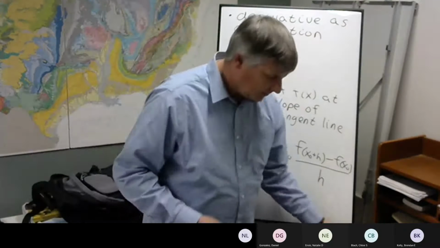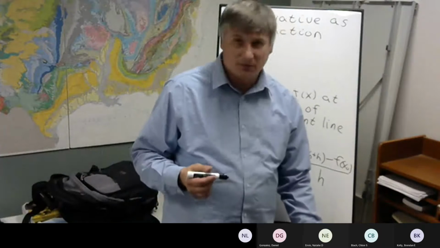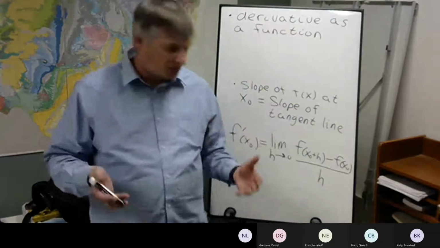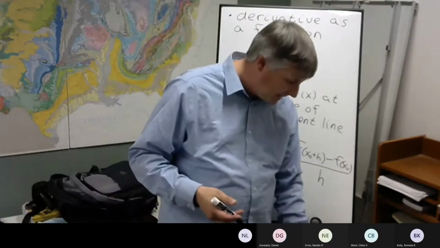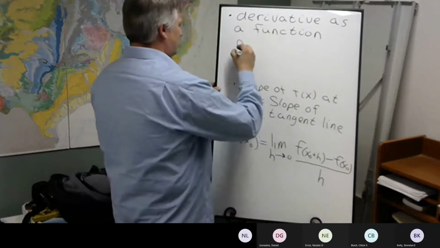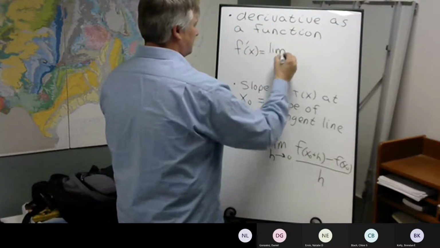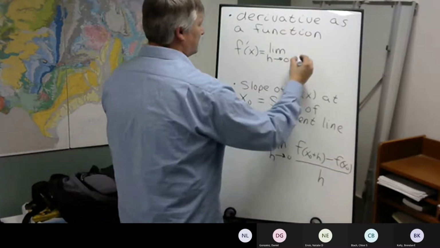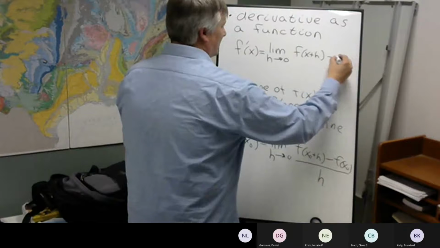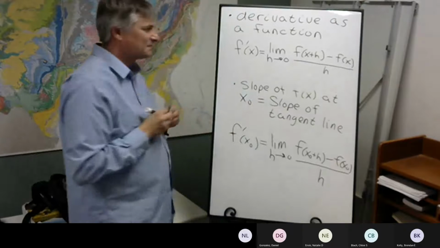So when we look at the derivative as a function, that means we're going to replace x sub 0, which is a specific point, with a generic x, and we can choose values for that x. So what we'll get is f prime of x will be the limit as h goes to 0 of f of x plus h minus f of x over h.